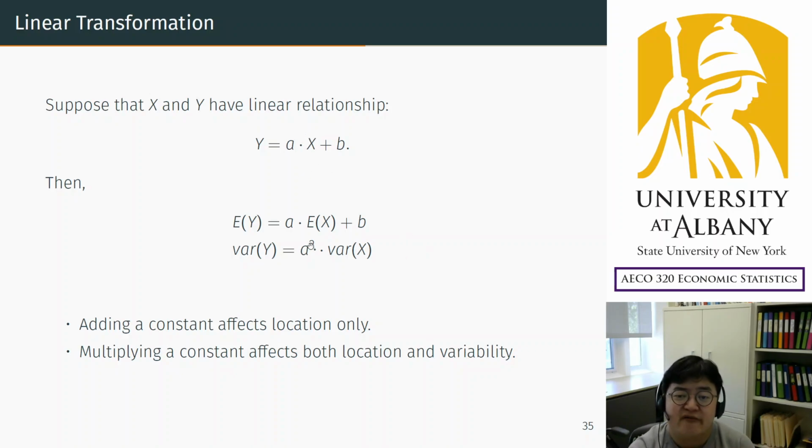However, what affects the variance is the multiplication, but the multiplication is squared. Also, I told you the intuition: in the process of defining the variance, squaring deviations will square this too, right? So this is a general property which is not desirable, but this is how we define variance. Okay.